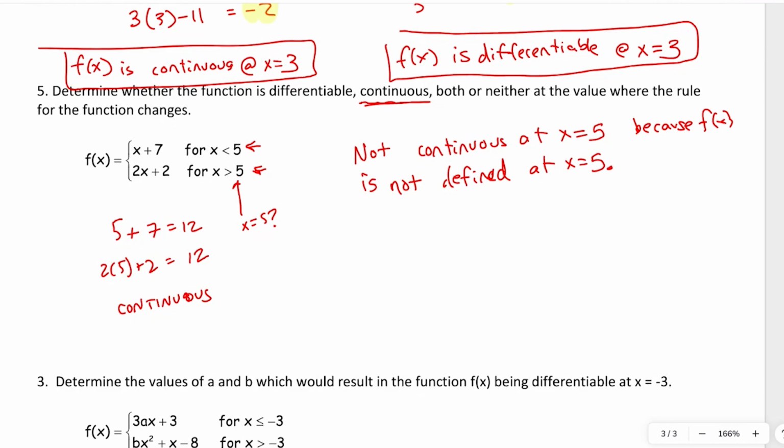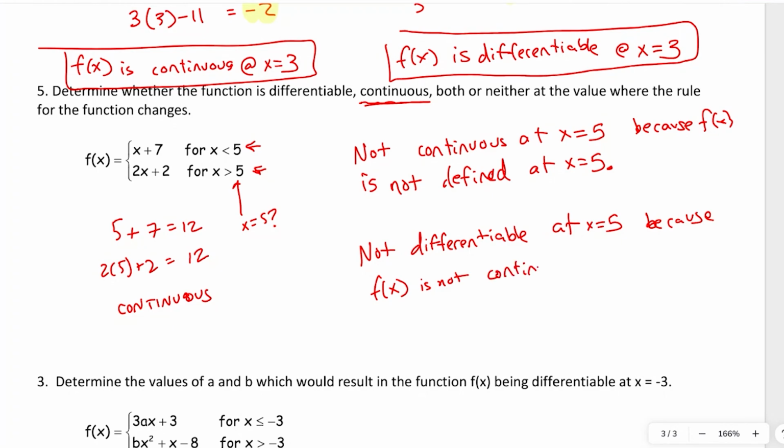Now, since it's not continuous at x equals 5, we can say right away that it's also not going to be differentiable. We can't find the slope at that point, so it's not differentiable at x equals 5. And really, we can just say because f of x is not continuous there.